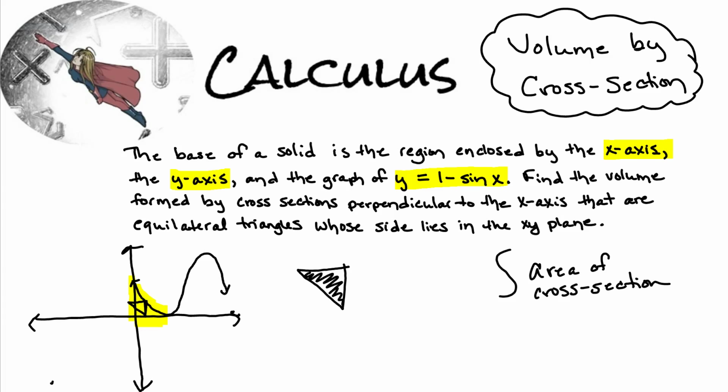Well, there is a formula for equilateral triangles, and you might have seen this in other classes like geometry. For an equilateral triangle, the best equation to use for its area instead of 1/2 base times height is side squared radical 3 over 4.